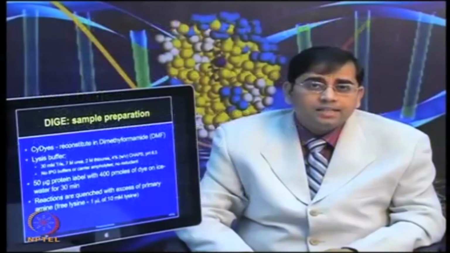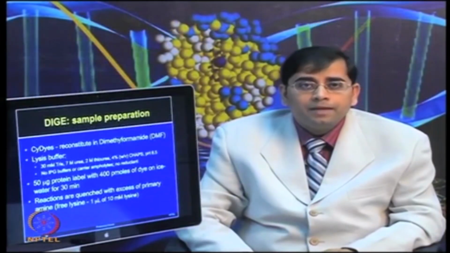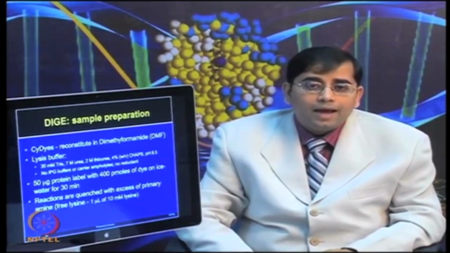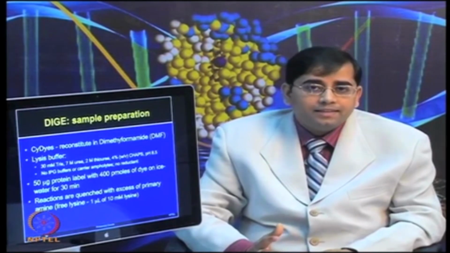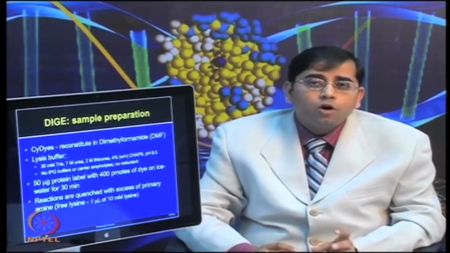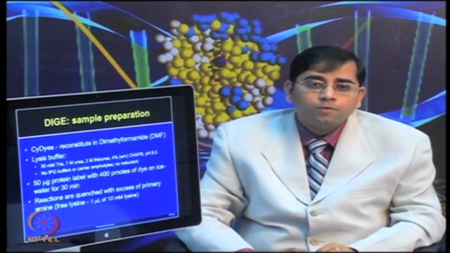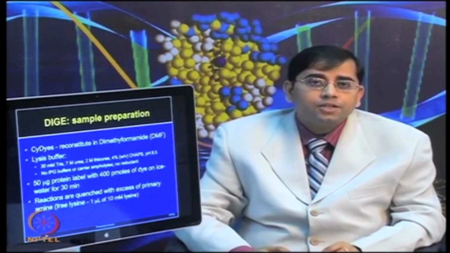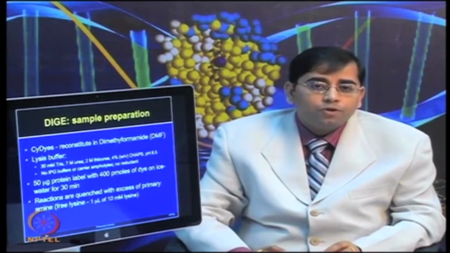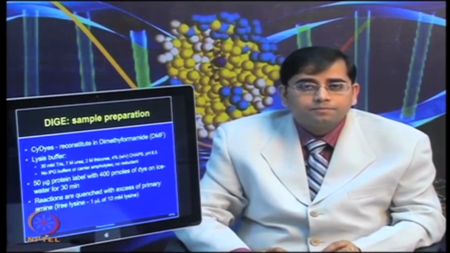Since you want to perform the minimal labeling, you need to add only 400 picomole of Psi dyes to a small amount of protein, 50 microgram of proteins, and the reaction should be performed on ice water for half an hour.